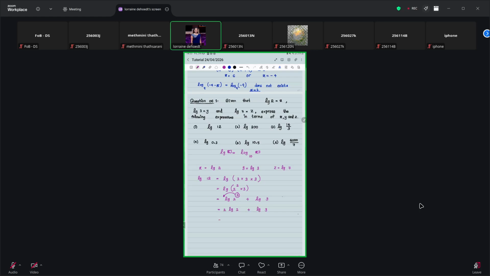Now you know log 2 means x, log 3 means y. That means log 12 means 2x plus y. This is the answer. Is it clear?